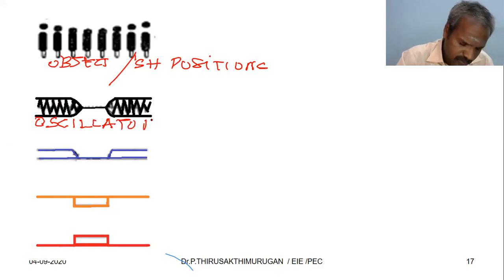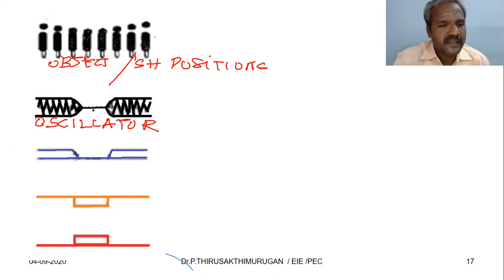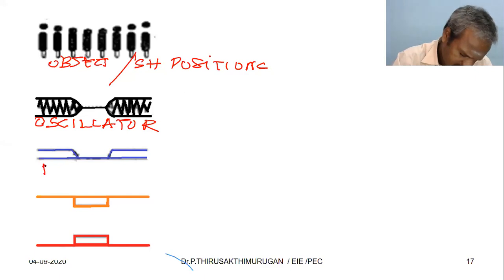You see this oscillation: when the object is far away, more oscillations. When the object is approaching the sensor head, it suppresses. So this is the demodulator output.